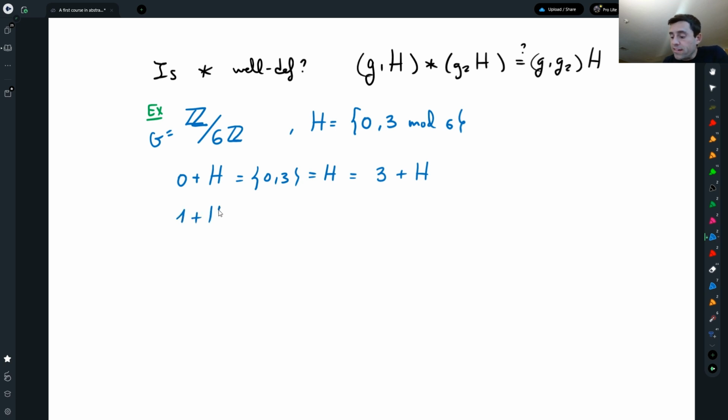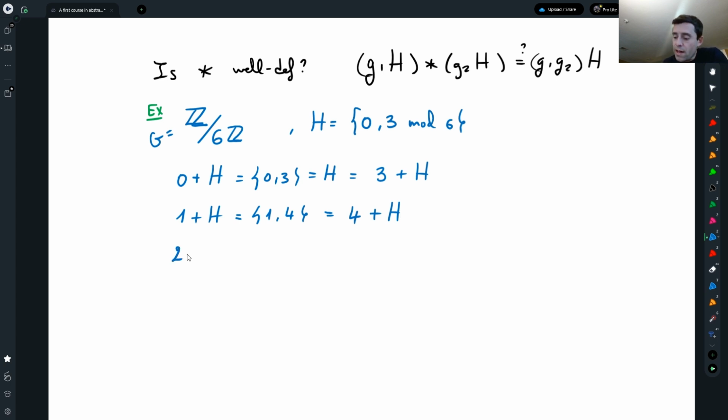What about 1 plus H? This is the coset 1, 4. But that is exactly the same as the coset generated by 4, because 4 plus 0 is 4, 4 plus 3 is 7, which modulo 6 is 1.